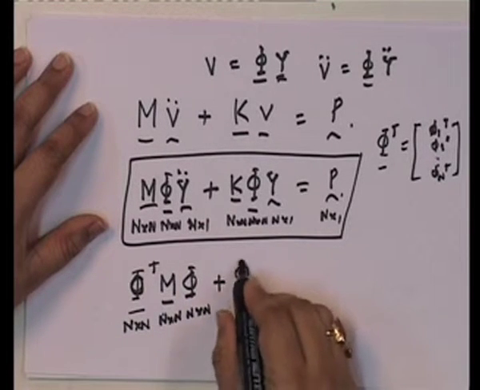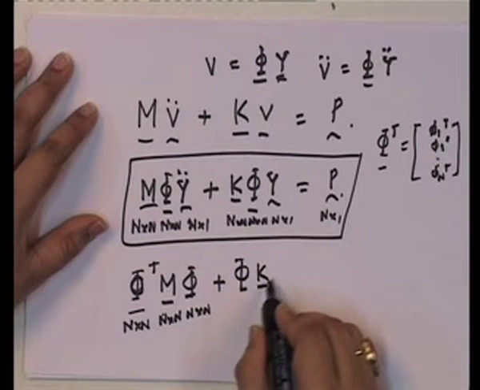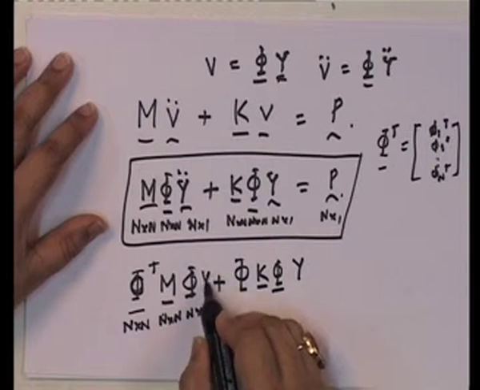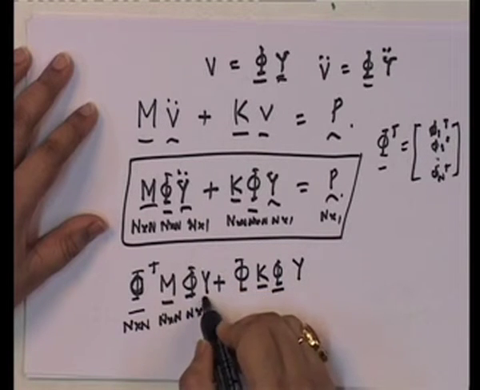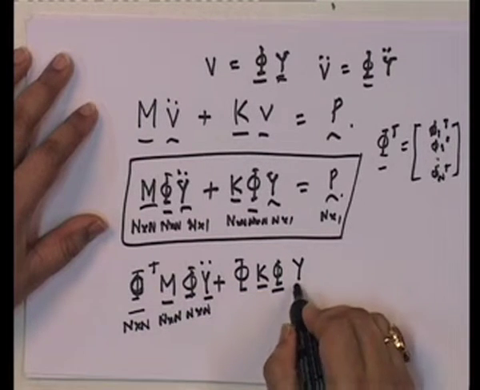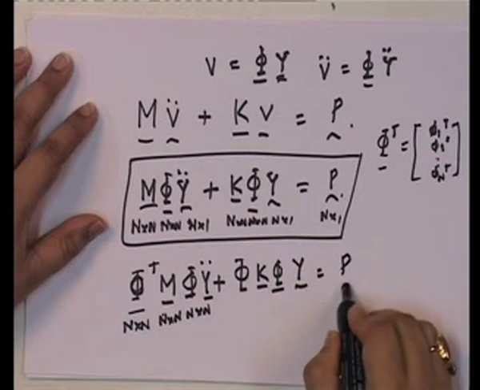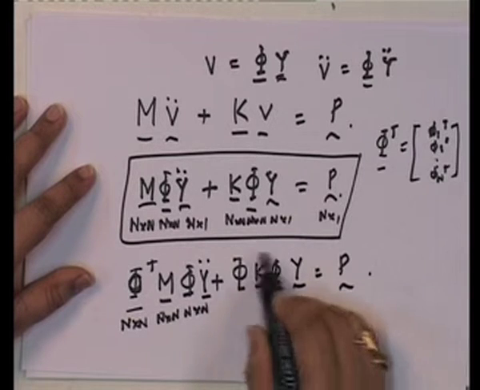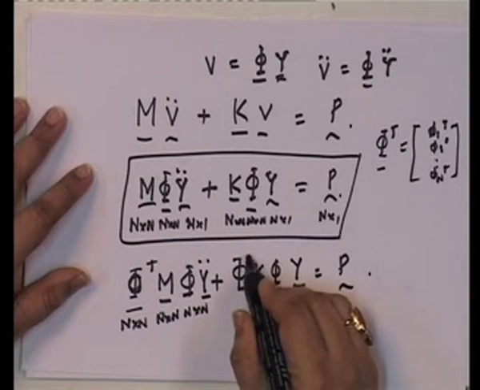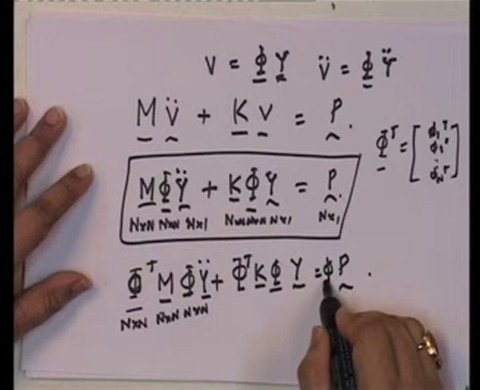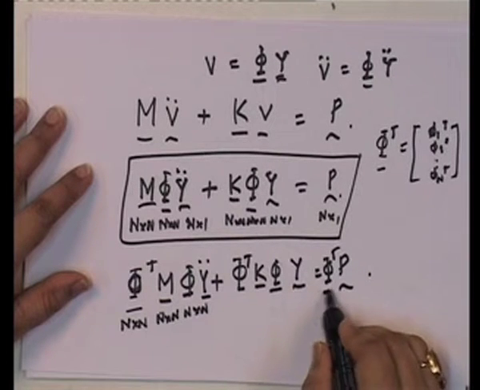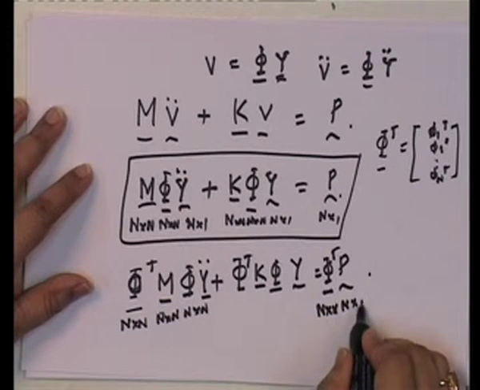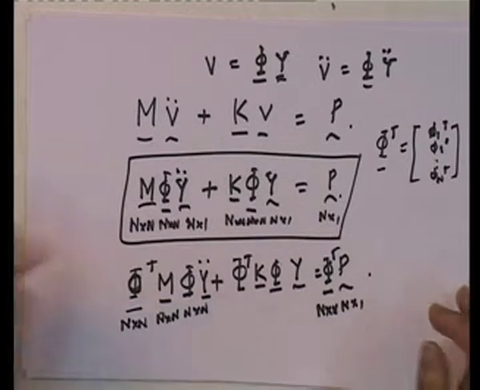Plus phi transpose k phi, sorry, this is y double dot, this is y, is equal to p. Again, all of these are n by n. Okay. So, this matrix, and by the way, phi transpose, this is an n by n multiplied by n by 1, it is still an n by 1.